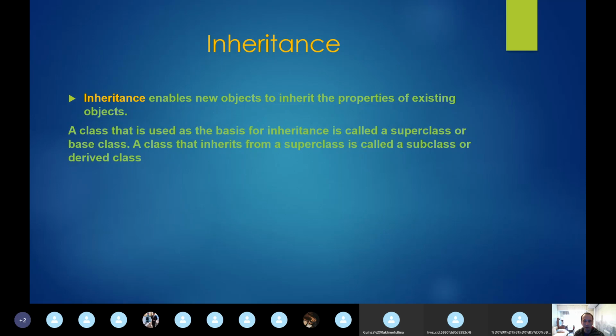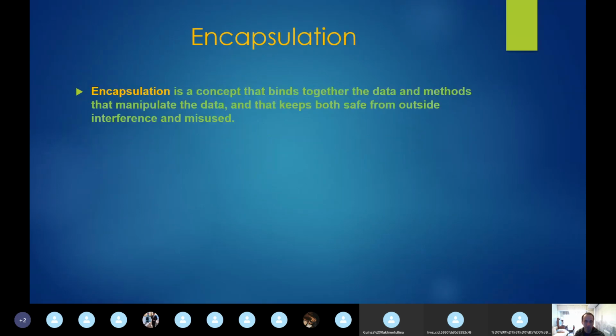So it extends the functionality of the base class. And encapsulation, we just hide some fields, properties, methods, if we need them to be not accessible outside the class.